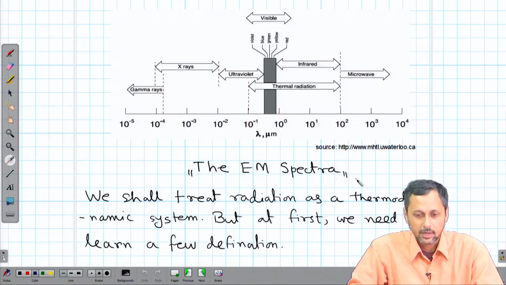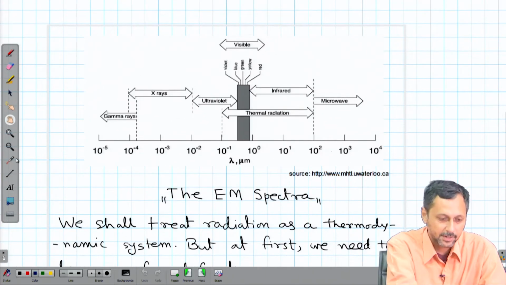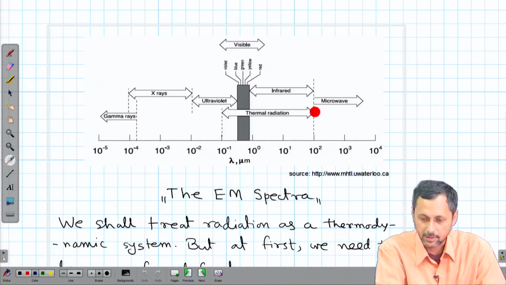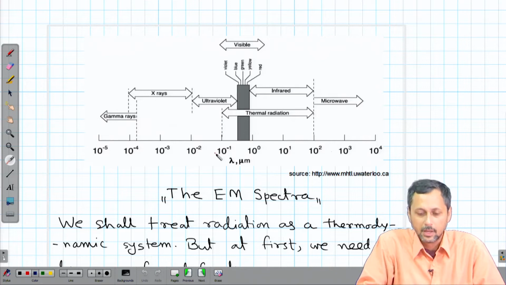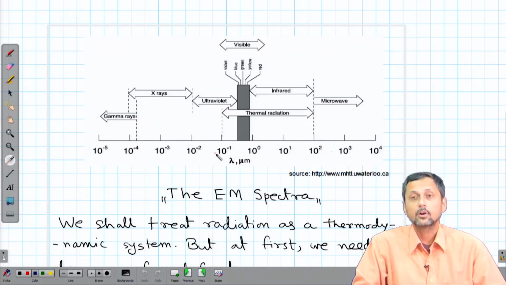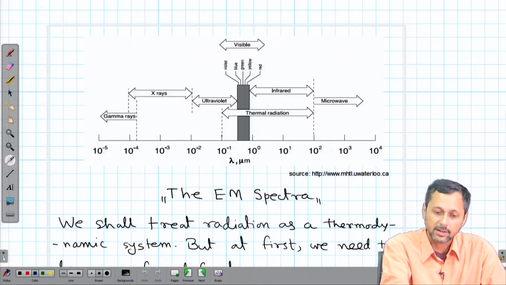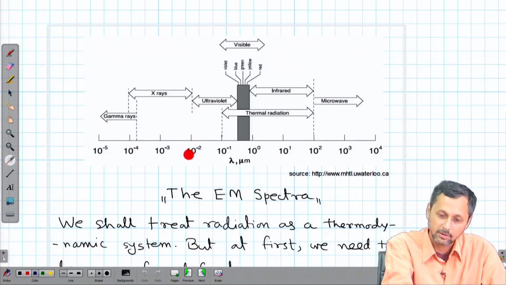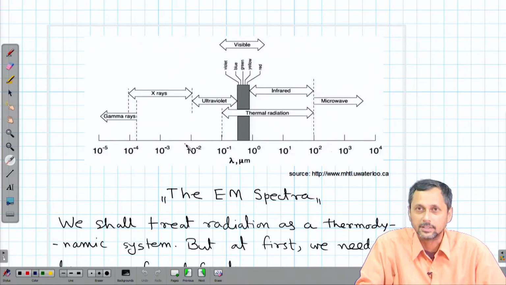Now, indeed, this graph here shows you that thermal radiation can span from infrared all the way into the ultraviolet regime. It does not mean that there cannot be thermal radiation in the microwave region, or in the deep ultraviolet or higher X-ray region. It is also possible to have such radiation, but typically these are very rare.